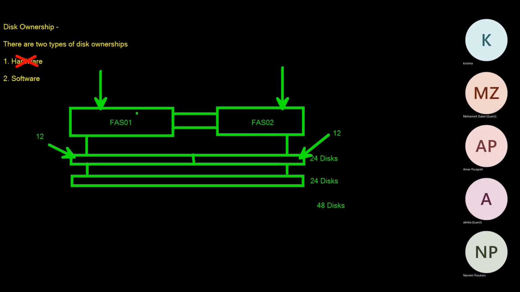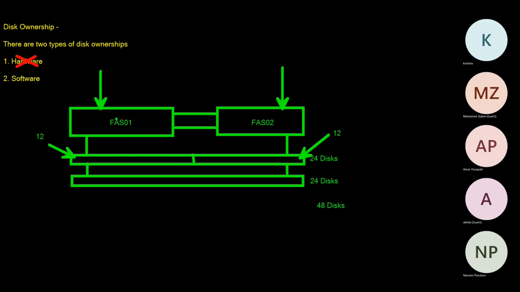So the 12 disks on controller 1, only controller 1 can utilize the disks which are owned by controller 1, and controller 2 can utilize only the disks which are owned by controller 2. Still my controller 1 can see the disks owned by controller 2, as well as my controller 2 can see the disks owned by controller 1, but they cannot utilize those disks.